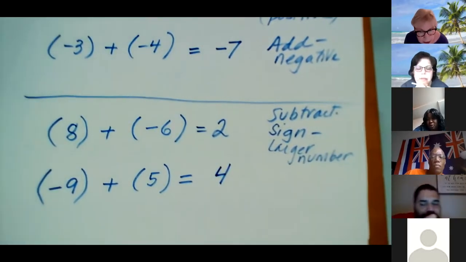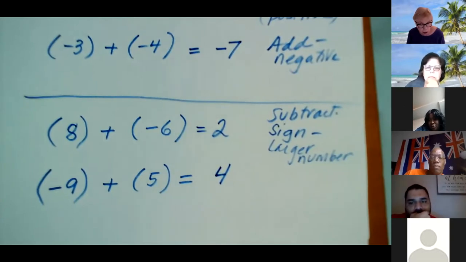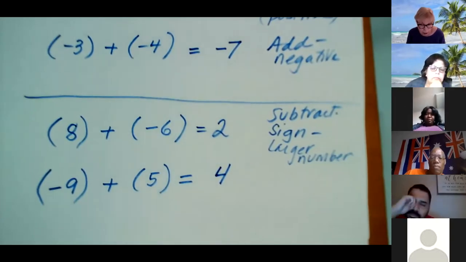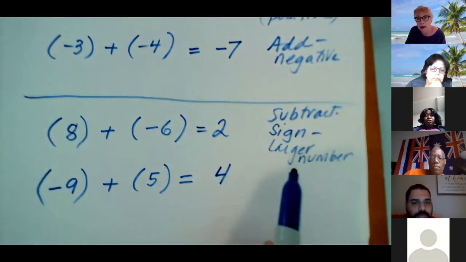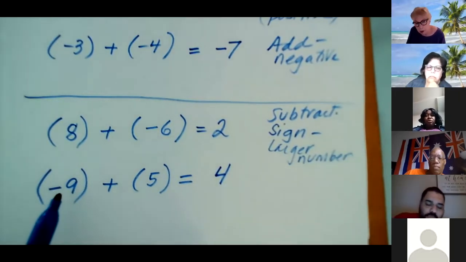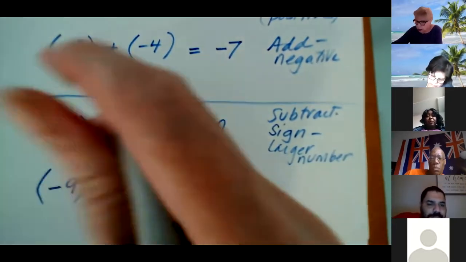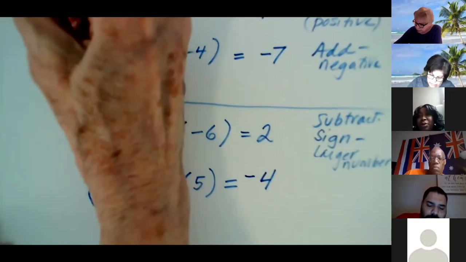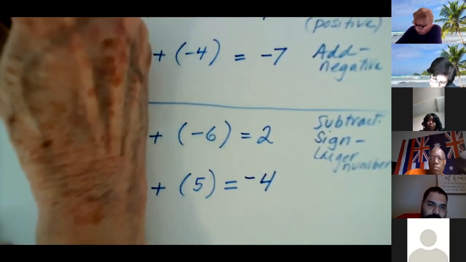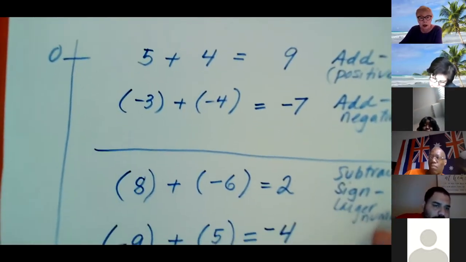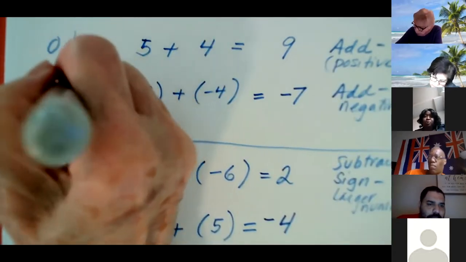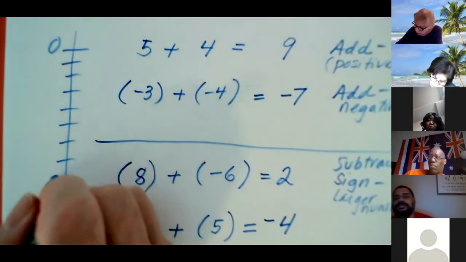The question is is it a +4 or a -4? And the sign goes with the larger one. So it's going to end up being -4. So let me see if I can't draw this out. So here's 0. 1, 2, 3, 4, 5, 6, 7, 8, 9.